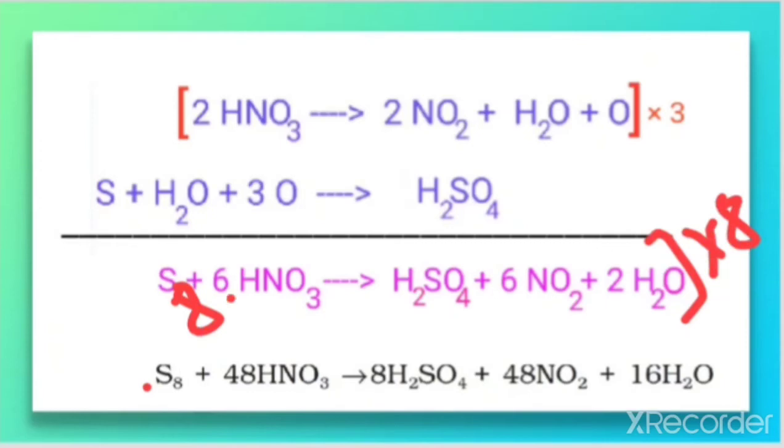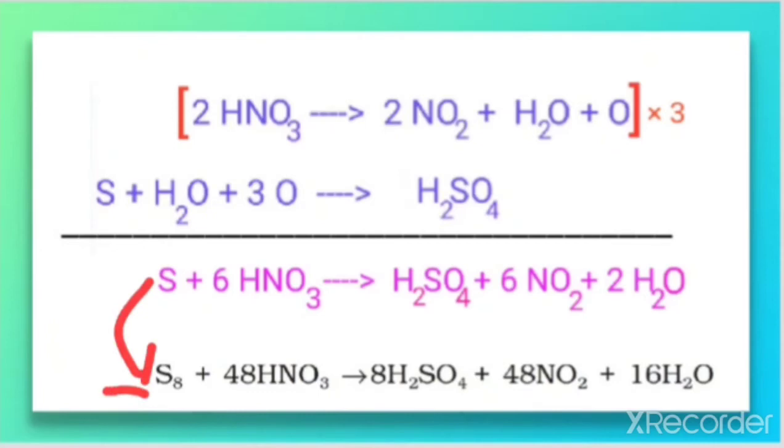That is 6 into 8, 48. Here 1 H2SO4, 1 into 8, that is 8. 6 into 8, 48. 2 into 8, 16. When you multiply by 8 throughout that equation, you will get the equation given in the textbook. So how easily we have learned this equation.